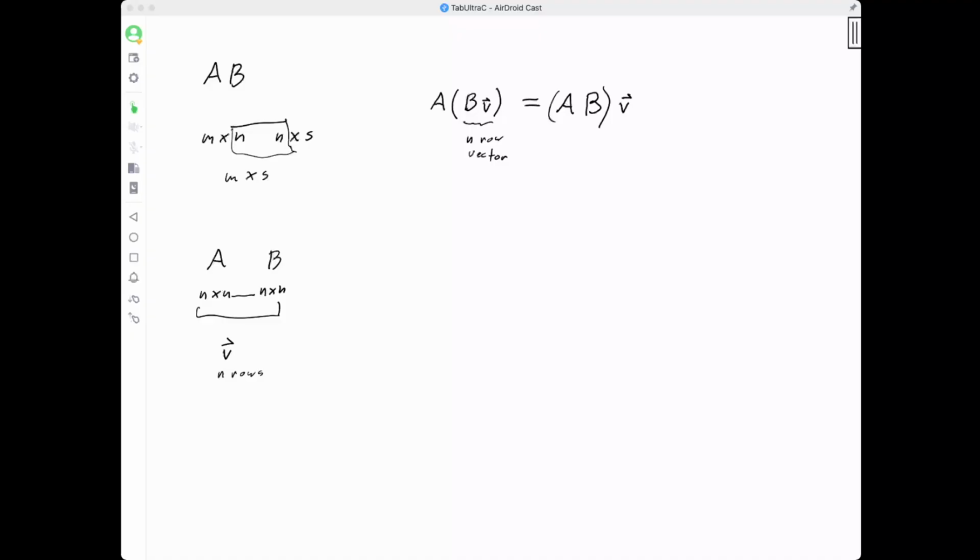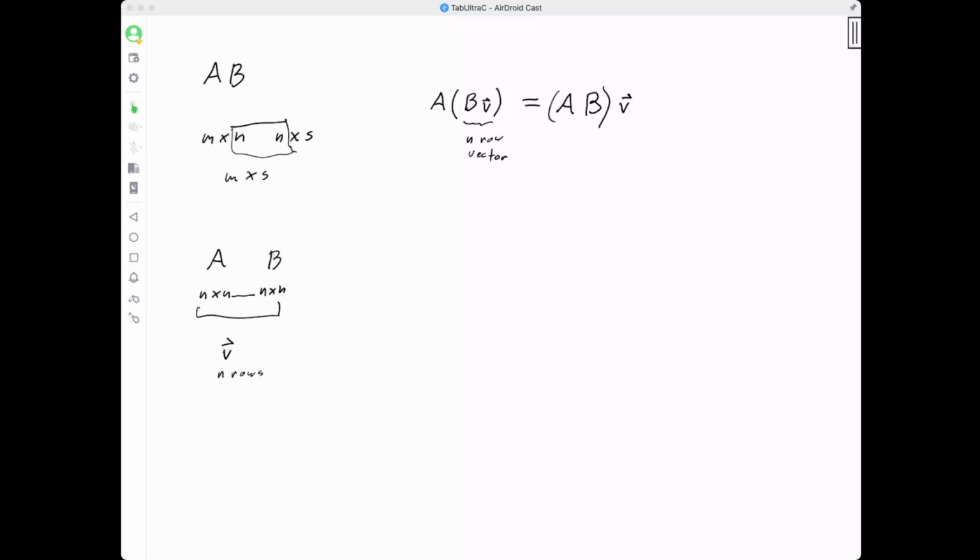So since we talked about how we can deal with addition and scalar multiplication, let's do the same thing for matrix multiplication. This works in general if the sizes work out well, but I'm going to specifically talk about square matrices.